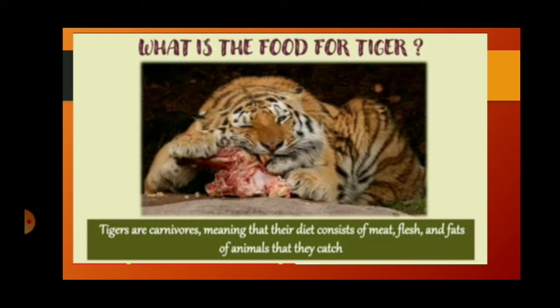What is the food for tiger? See children, tigers are carnivorous and that's why meat, flesh and fat, all these things are included in their food. So mostly they eat meat, flesh and fats of the animals that they catch.